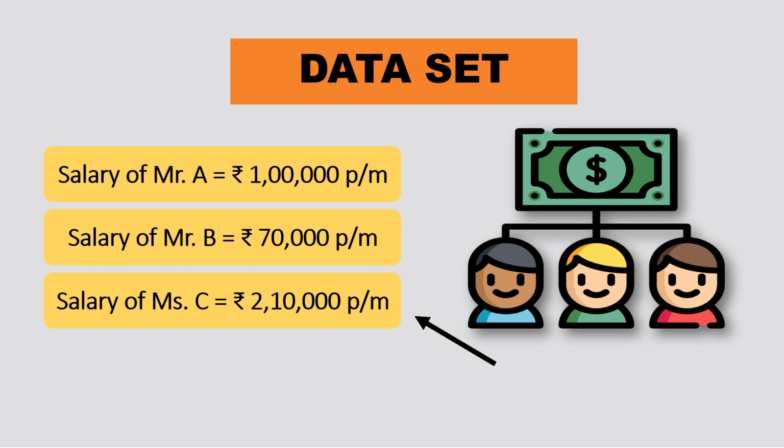Manager B's salary is 70,000 a month. Manager C, manager D, and likewise the salary of each of the 10 individuals, whatever the data would be, will be called a data set. And when we talk of the salary of Miss C, say 2,10,000, this particular value is called a datum, which is the value of an individual.